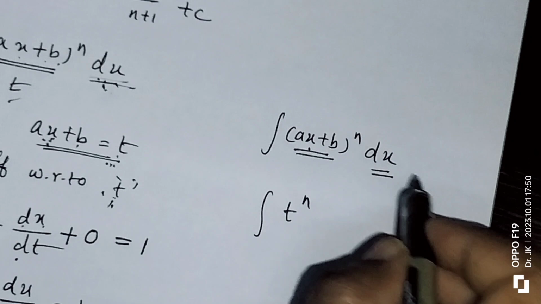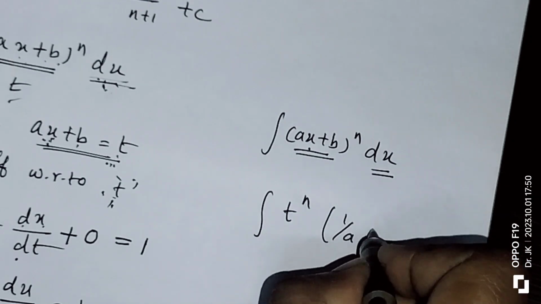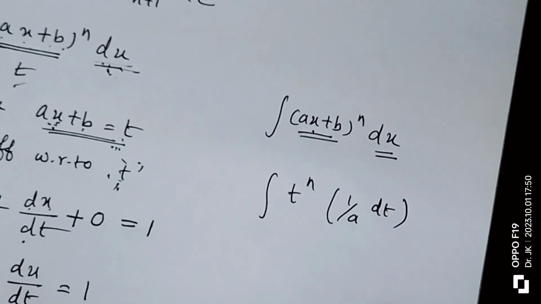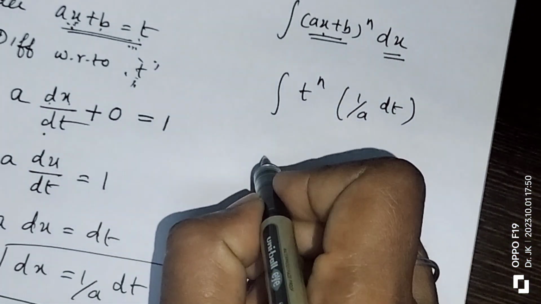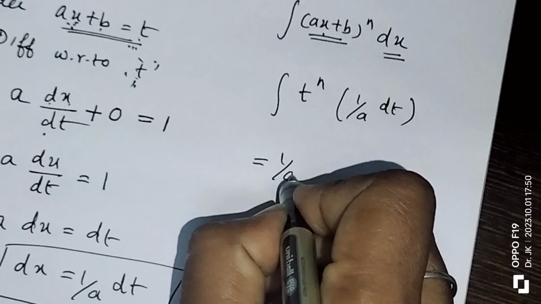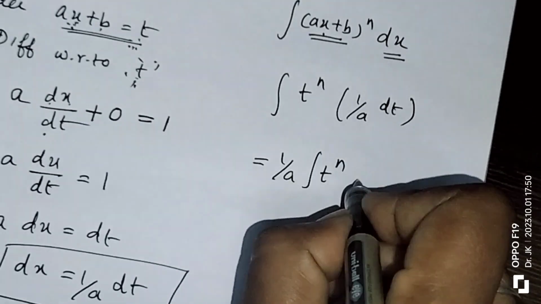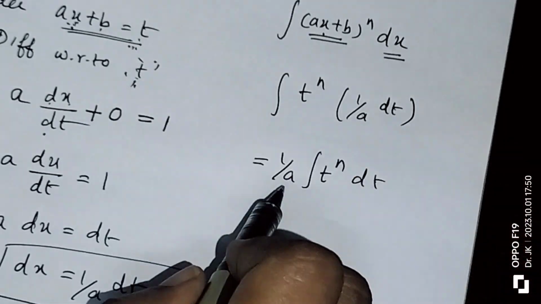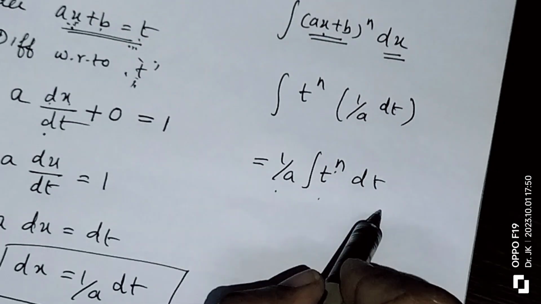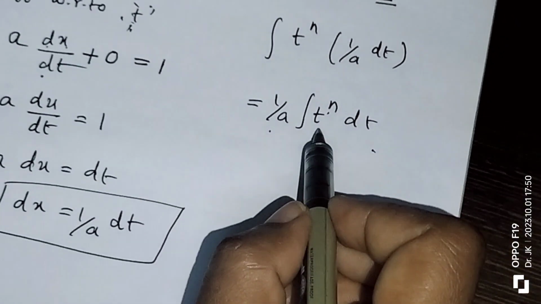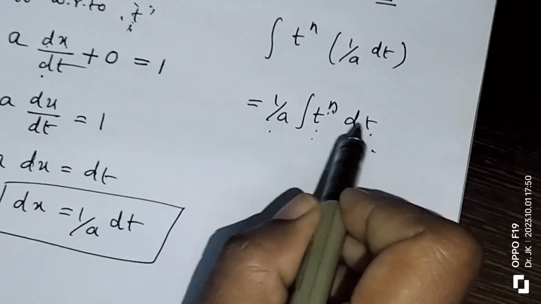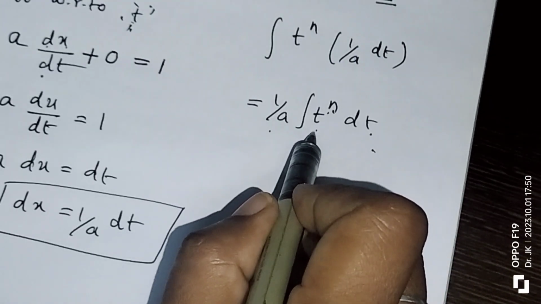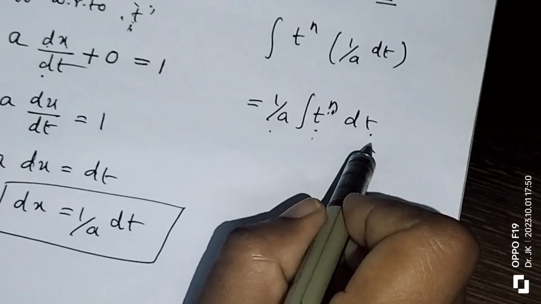What is dx? 1 by a into dt. So you can write 1 by a into the integral of t power n into dt, since 1 by a is a constant. So here we are going to integrate t power n with respect to t only.